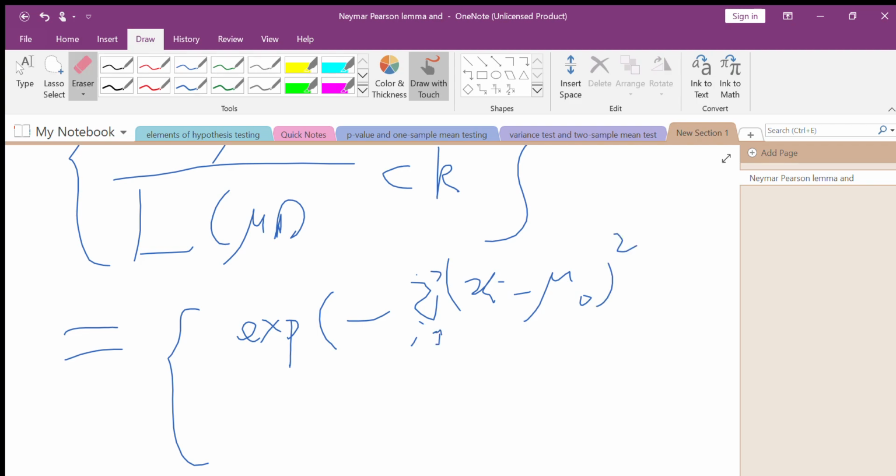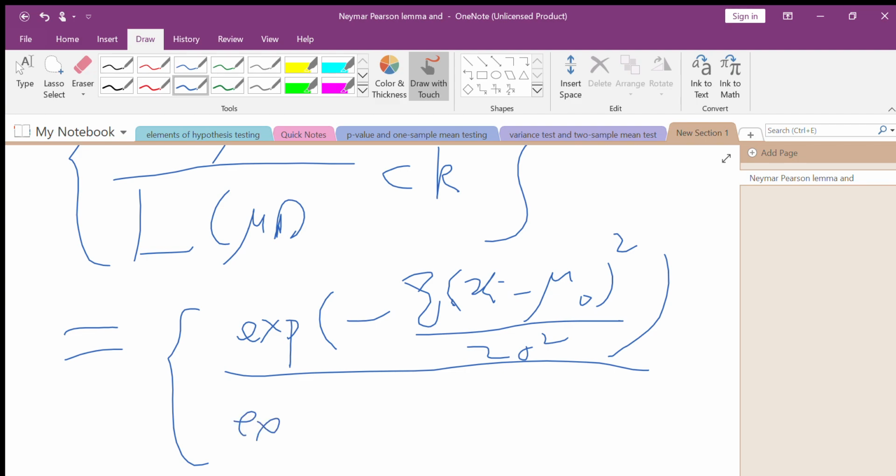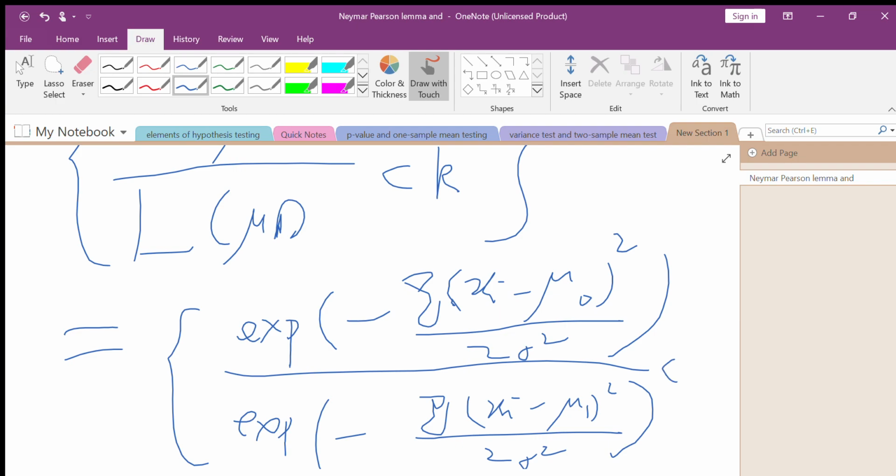We don't write from 1, we just write summation, keeping in mind from 1 to n, squared divided by 2 sigma squared, divided by exponential negative summation xi minus mu 1 squared divided by 2 sigma squared, less than k.